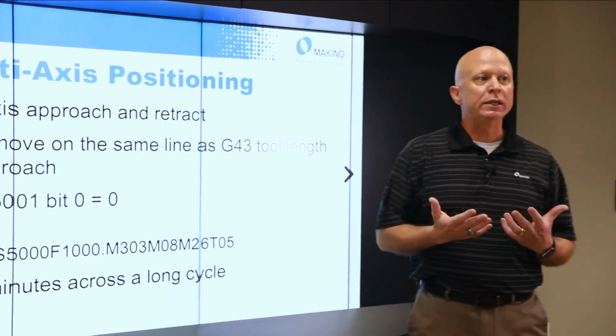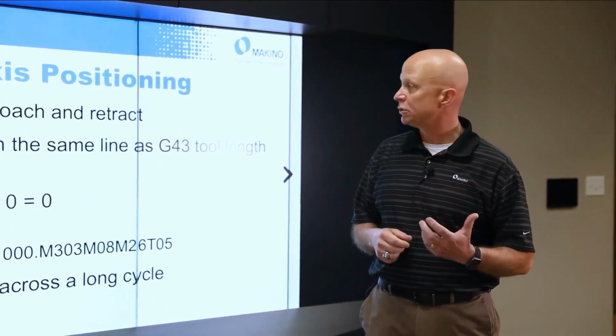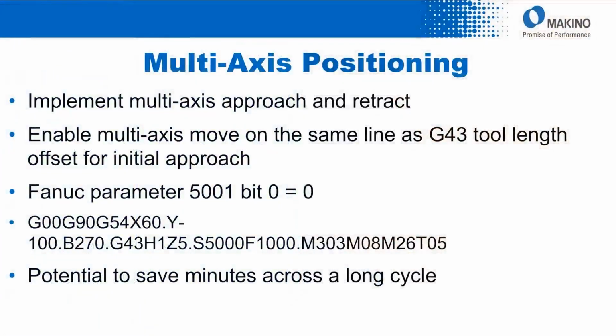So talking about the parameter change, this is in reference to multi-axis positioning. Specifically, it's FANUC parameter 5001, bit 0, you make that a 0. And that allows the machine to take all that code and put it all in one line.